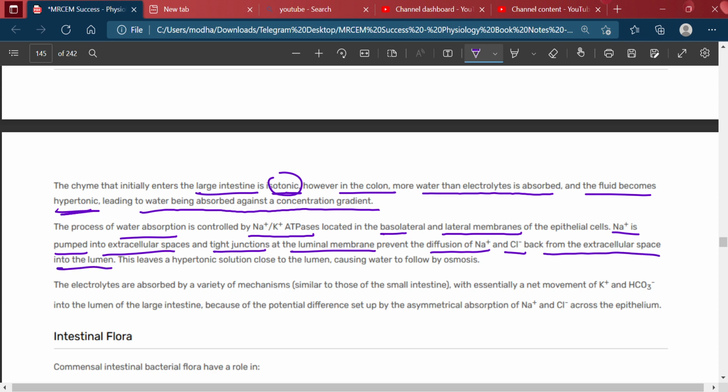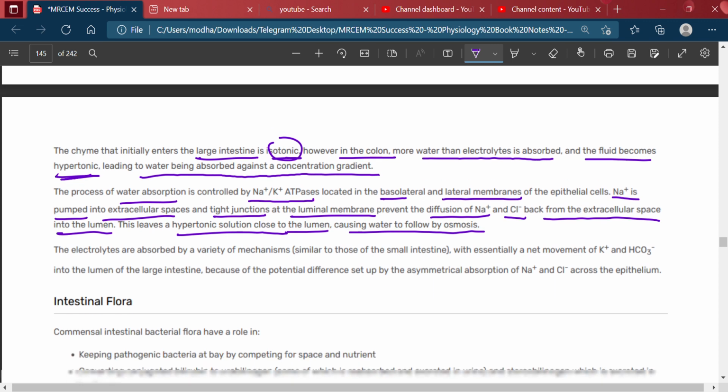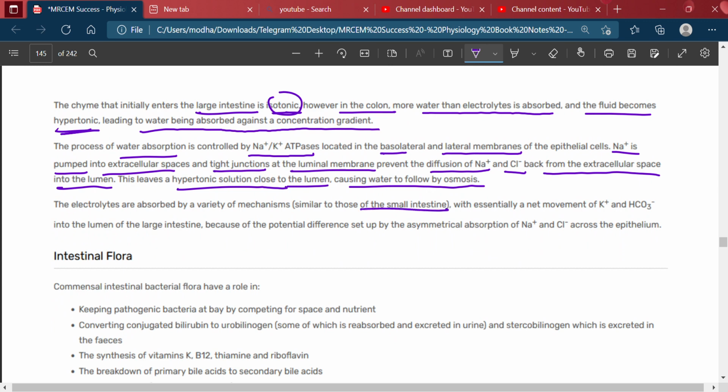This leaves a hypertonic solution close to the lumen, causing water to follow by osmosis. The electrolytes are absorbed by a variety of mechanisms similar to those of the small intestine.